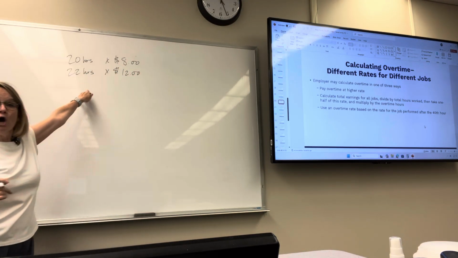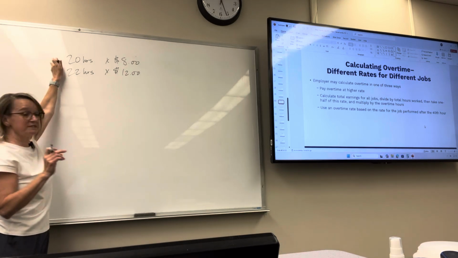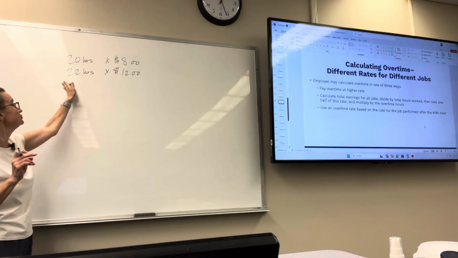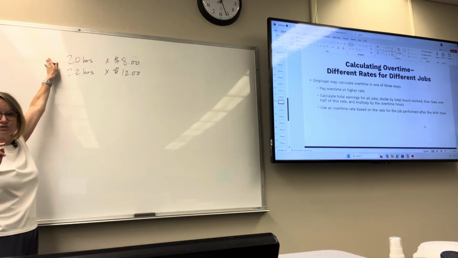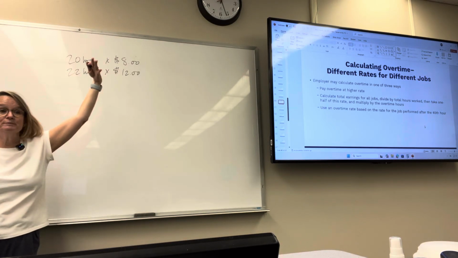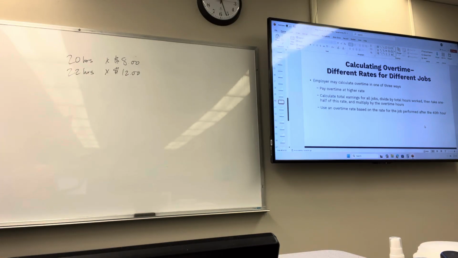Now, we don't know by this which job they were working in overtime, right? It could be that those 2 hours were worked at the $8 an hour, because the first 22 could have been worked at $12, and then the last 20 could have been worked at $8, which means that those last 2 hours were worked at the $8 an hour job.